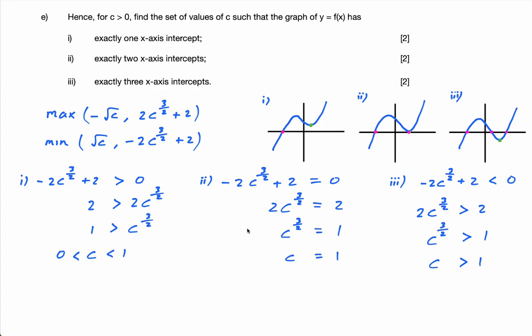So that's the answer for part 1, the set of values of c where it has 1 x-intercept. This is the set of values of c where it has 2, and this has 3. Okay, that's it.